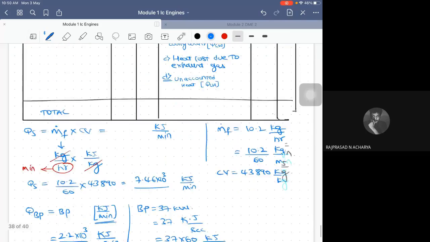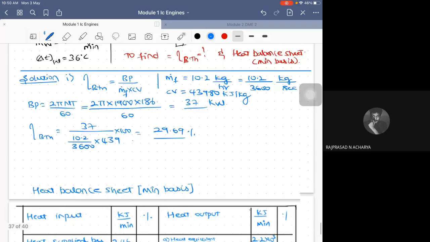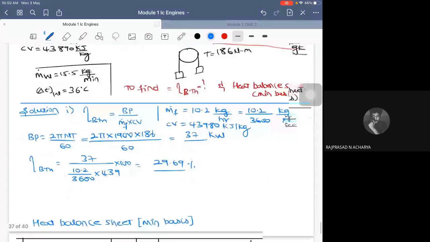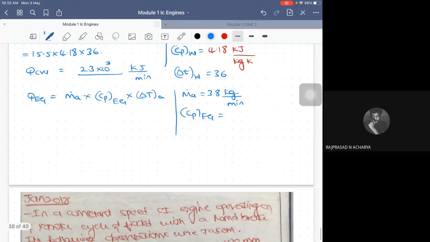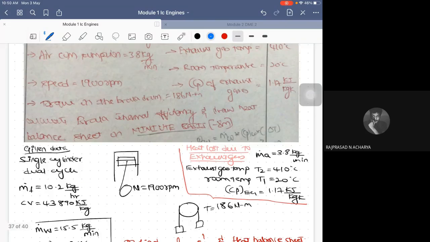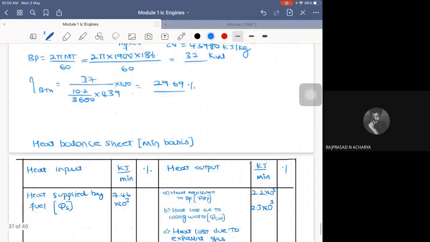Cp of exhaust gases, how much have they given? 1.17 kilojoules per kg Kelvin. Delta T of air, temperature difference. I think it is not given directly. T2 is given, T1 is given, so you have to do T2 minus T1.